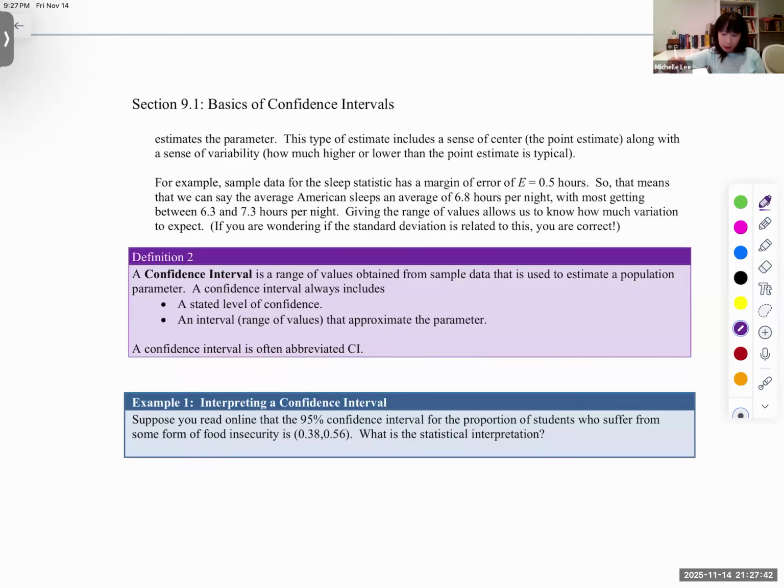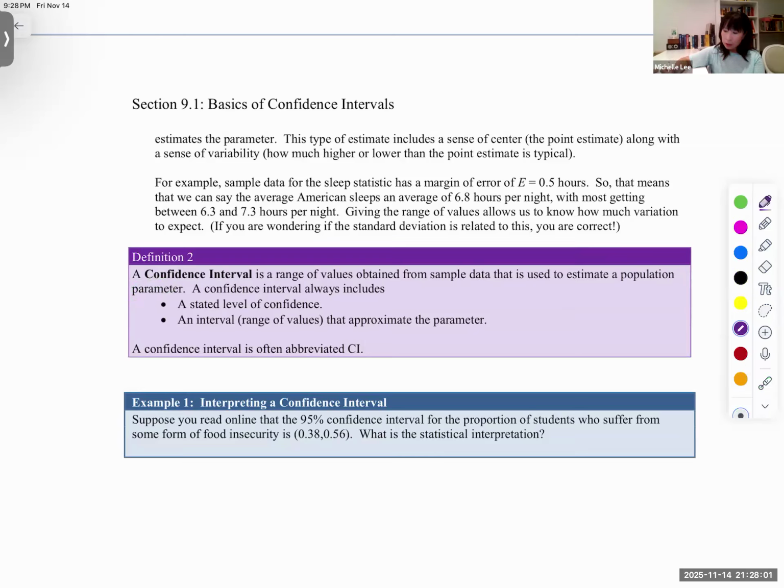So it's a range obtained from sample data. It's used to estimate the population parameters, right? What kind of parameters do we have?